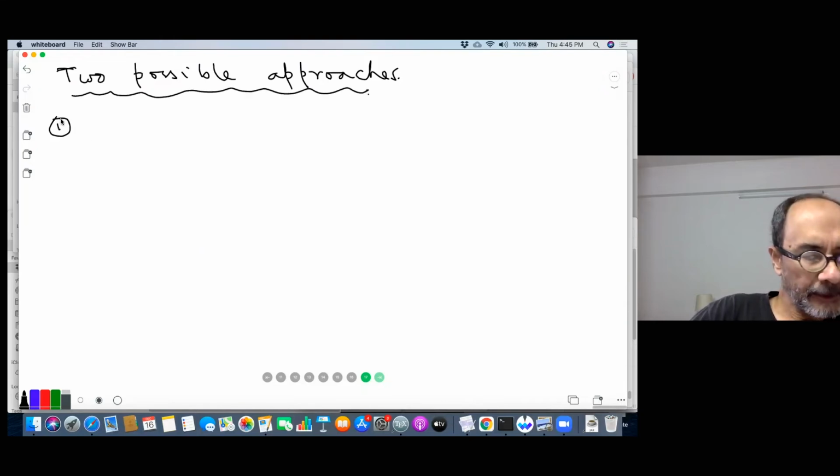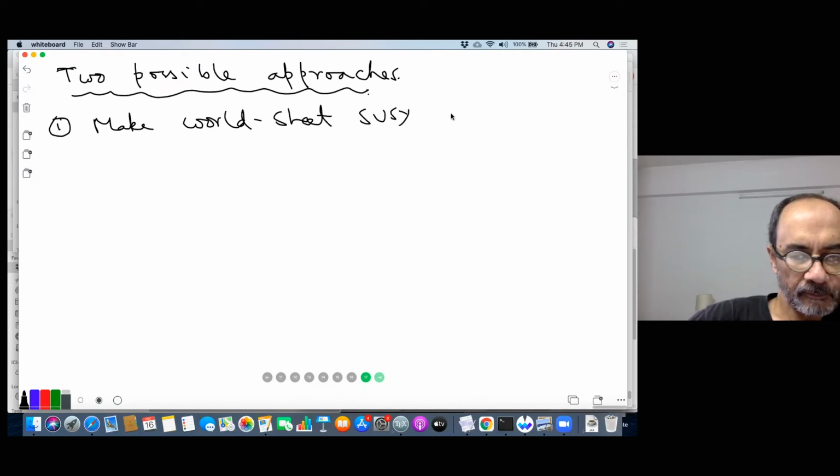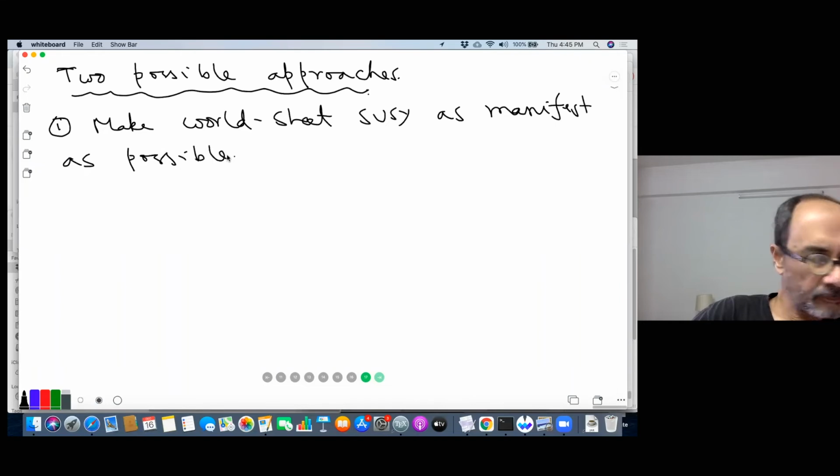So the first one is to make worldsheet supersymmetry as manifest as possible. And this leads to a formalism which is called the supermoduli space.